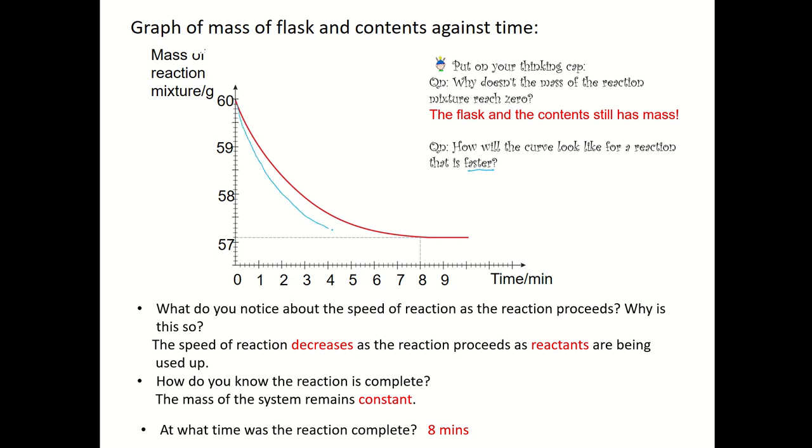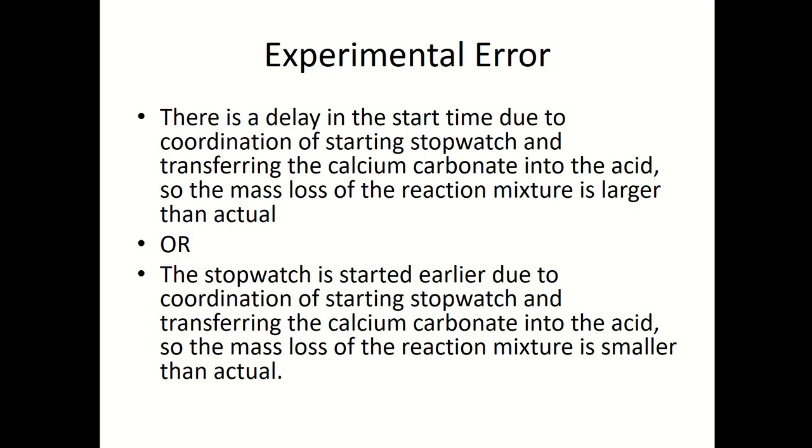A steeper one, and it should still end up with the same height, because they didn't mention about changing the amount of limiting reagent. So this is when you have a faster reaction but still the same amount of limiting reagent. Hence you have a steeper graph at the start and the middle of the reaction, and the reaction completes earlier, but the final height remains the same.